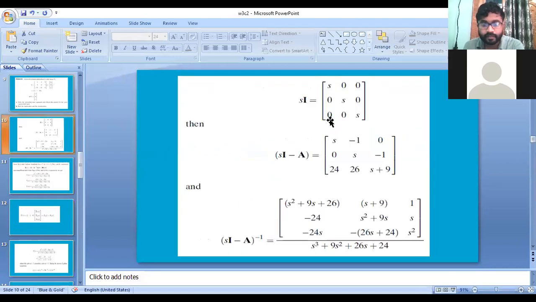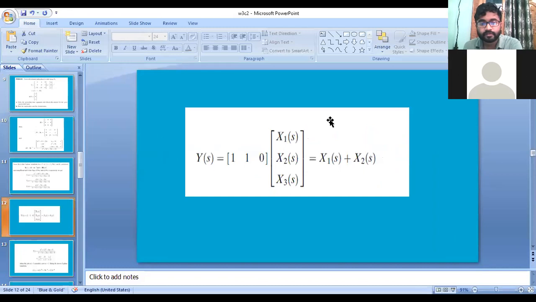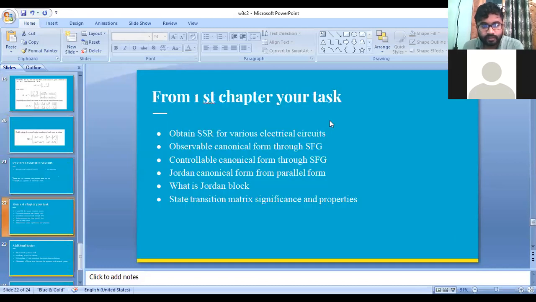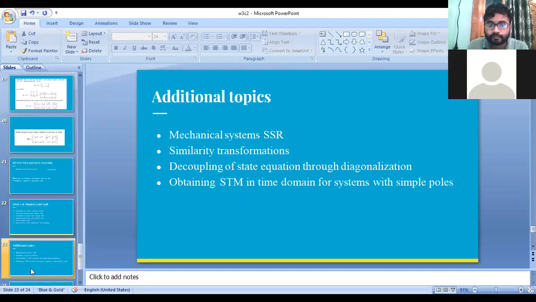If any topic is to be repeated or is not understood, you can inform me through the CR. And regarding these additional tasks, if more students show interest, I can take some additional classes. Okay, thank you, madam.